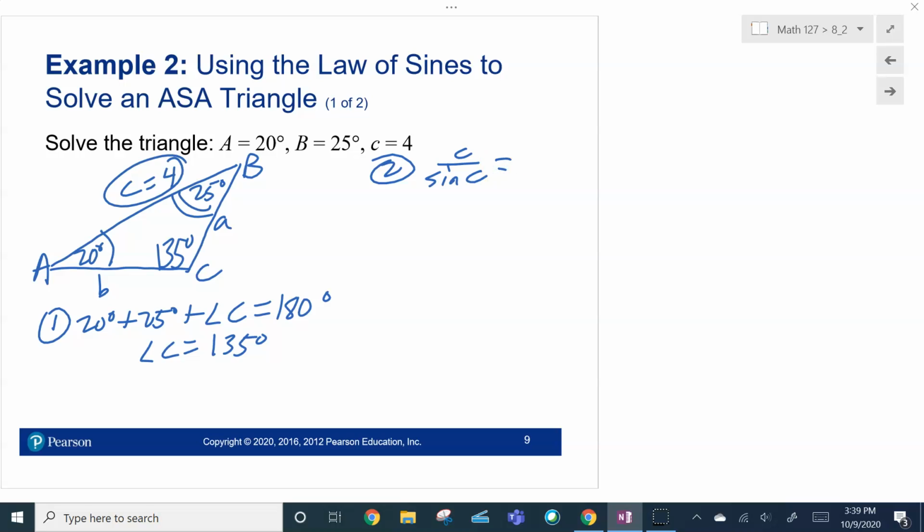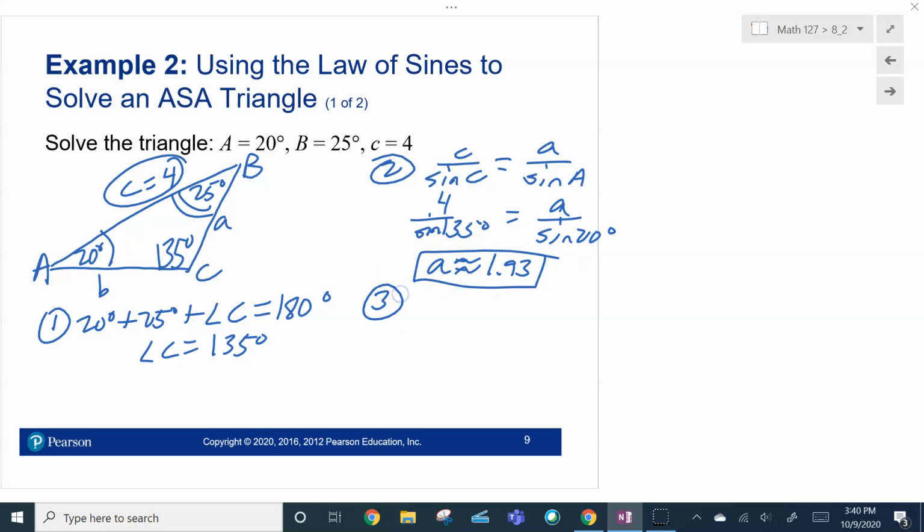And then I'll use capital A, the 20 degrees, right? So we got 4 over sine 135 degrees equals a over sine of 20 degrees. Cross multiply. Divide both sides by sine of 135. Punch this in. 1.93476, so it's about 1.93.